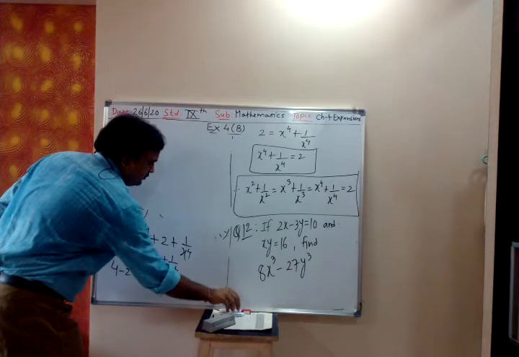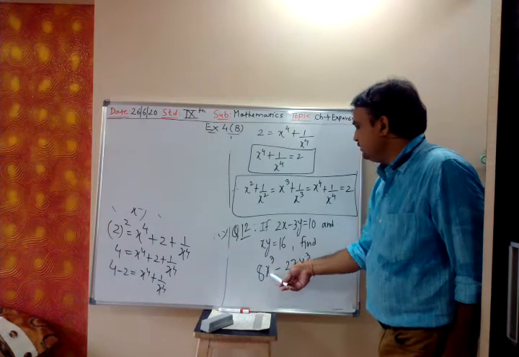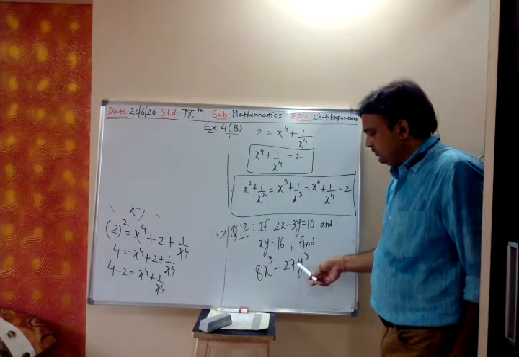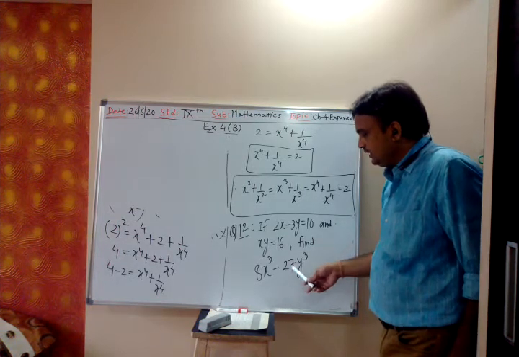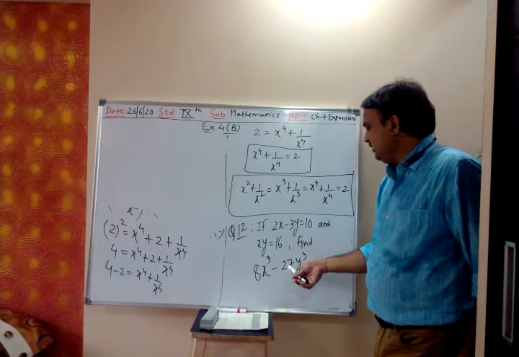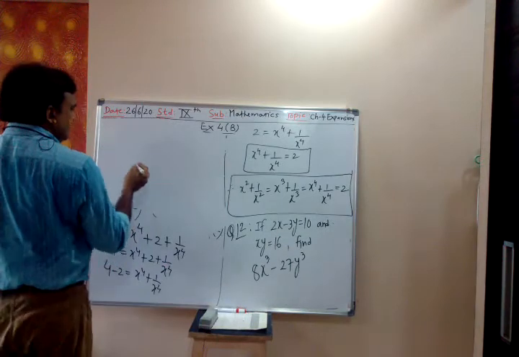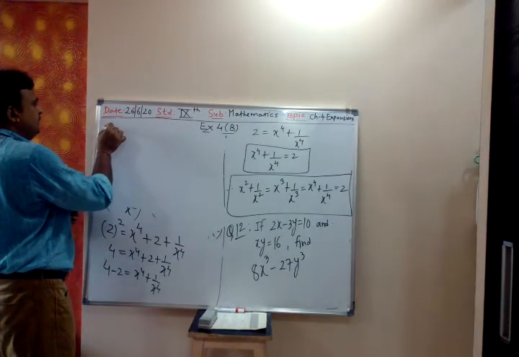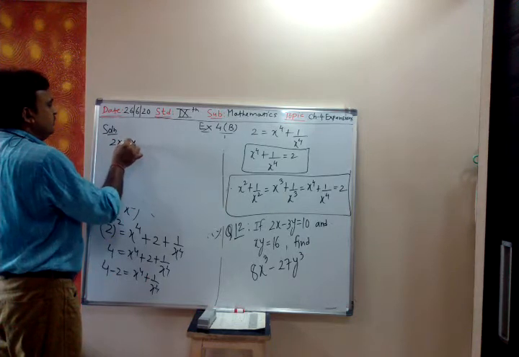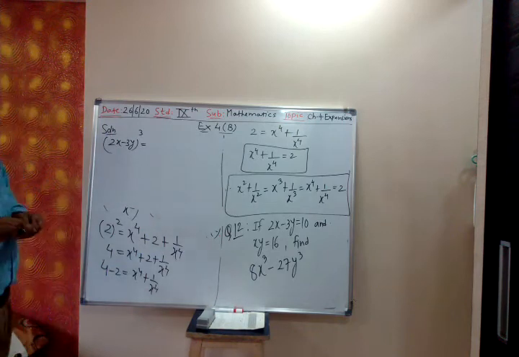If you observe, this 8x cube is nothing but 2x whole cube, and 27y cube is nothing but 3y whole cube. So I will consider 2x minus 3y whole cube. A minus b whole cube formula we apply.